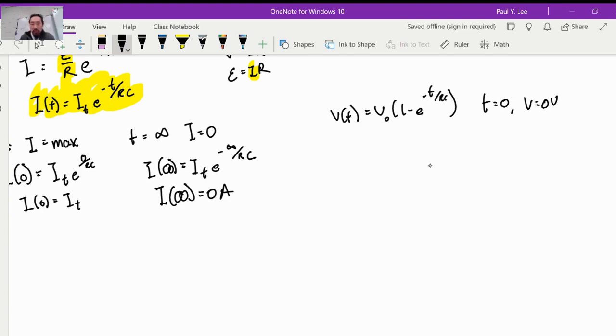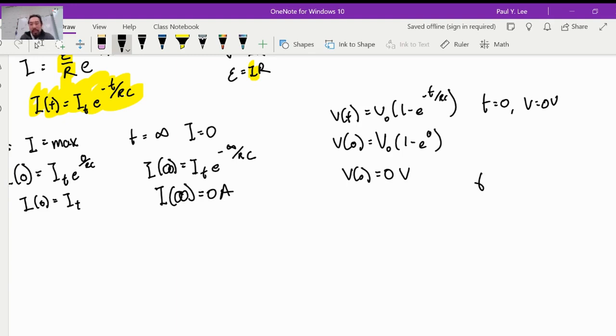So let's see if that's true. V of 0 is equal to V naught times 1 minus e to the 0th power. E to the 0th power is just 1. 1 minus 1 gives us 0. V naught times 0 gives us 0 volts.